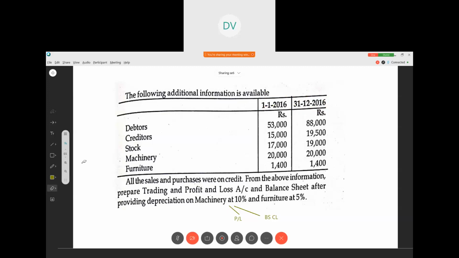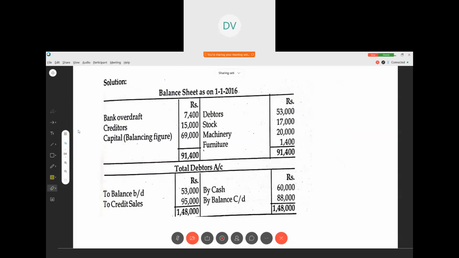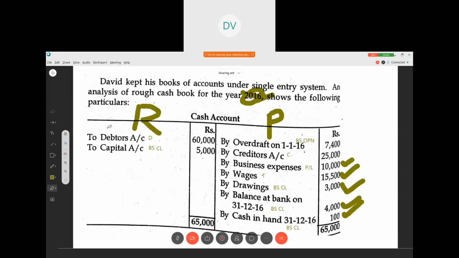Okay. The next, let us work out the problem. Opening balance sheet we have to prepare. So while preparing opening balance sheet, you should always first see the cash book. In the cash book, if there is opening bank balance or overdraft, we have to write that. Here there is no opening cash balance, but overdraft is there.